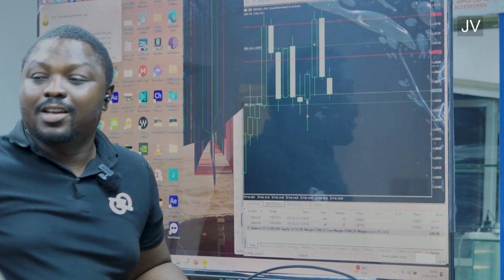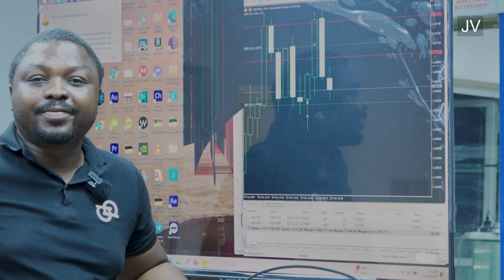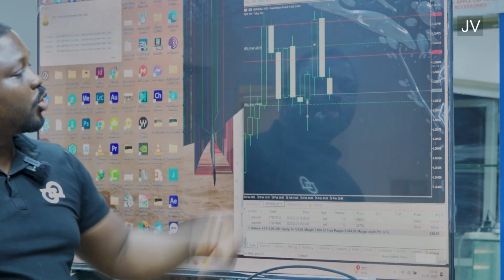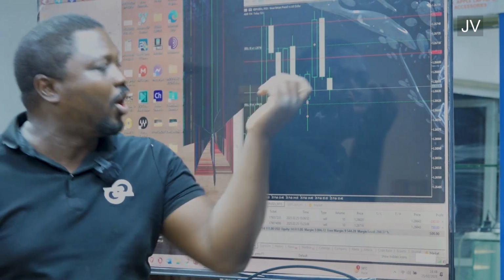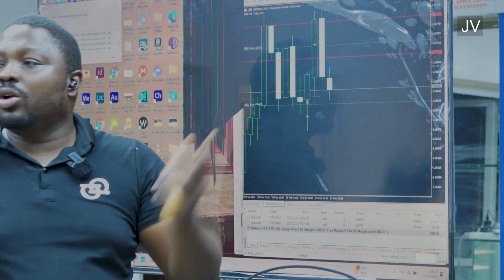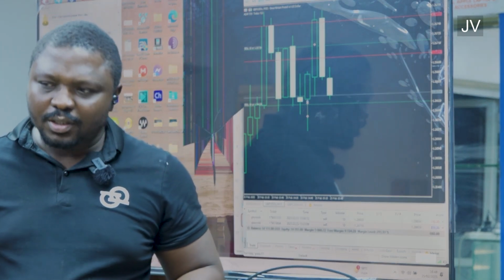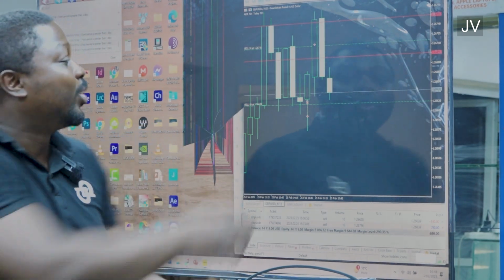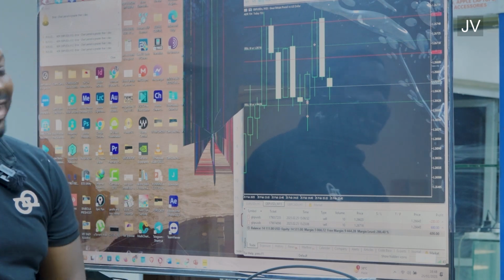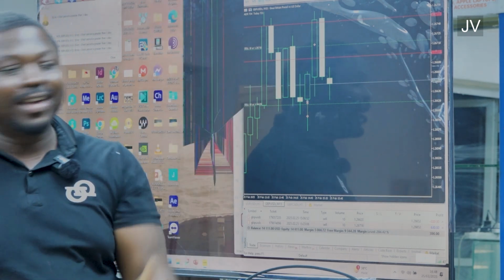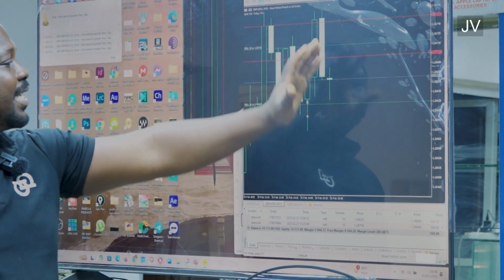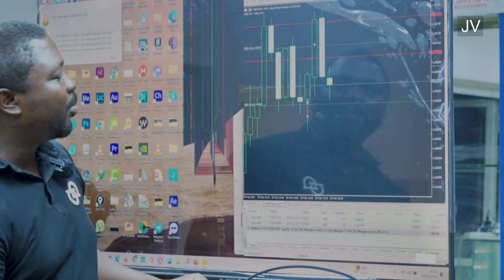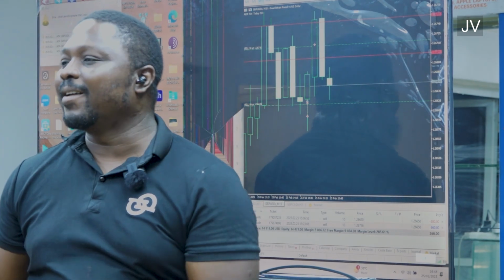Why is it a selling signal? Because this one has shown what is called a crosswalk. So for me, if I want to enter, I will sell. I will sell because the market has gone up. And at this point, this candle I'm seeing here in 15 minutes is showing me that you want to sell.